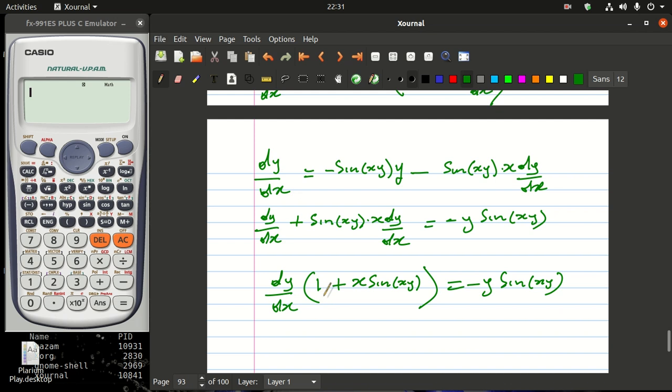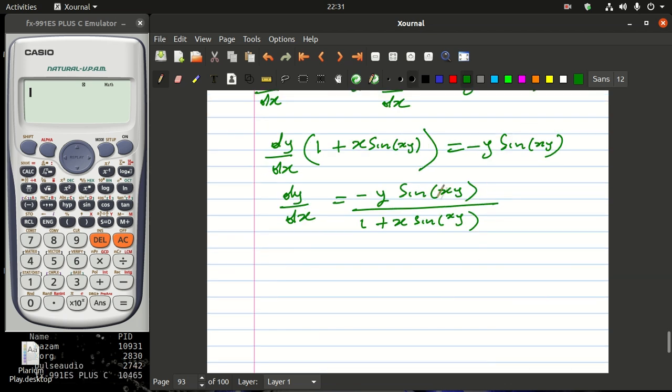Then I divide on both sides by that thing, and I'm left with dy dx, which is the same as minus y sine of xy, divided by 1 plus x sine of xy.